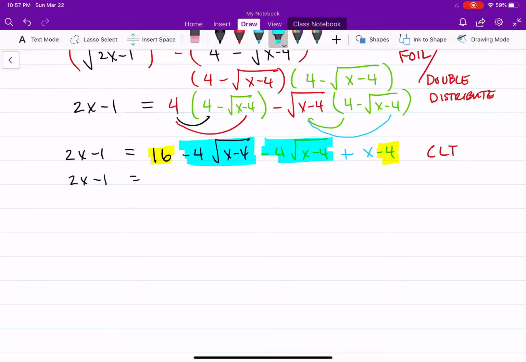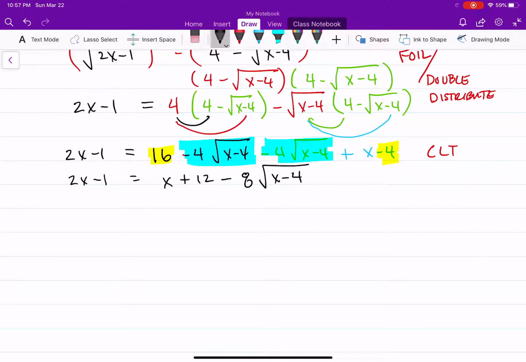We all see that? Okay. So let's write it out. I have x plus 12 minus 8 square root of x minus 4. So I got the x. The 16 minus 4 is 12, positive 12. And then the negative 4 minus 4 will be negative 8.